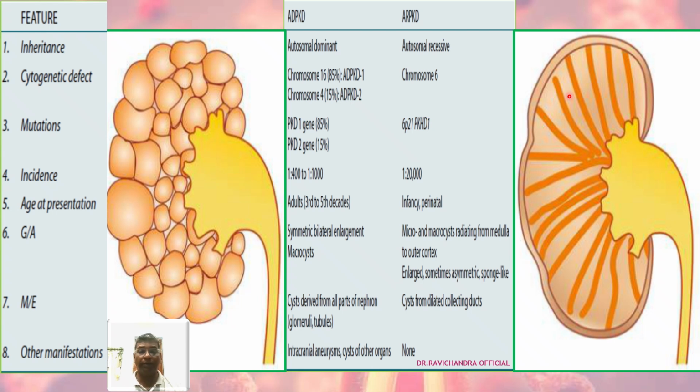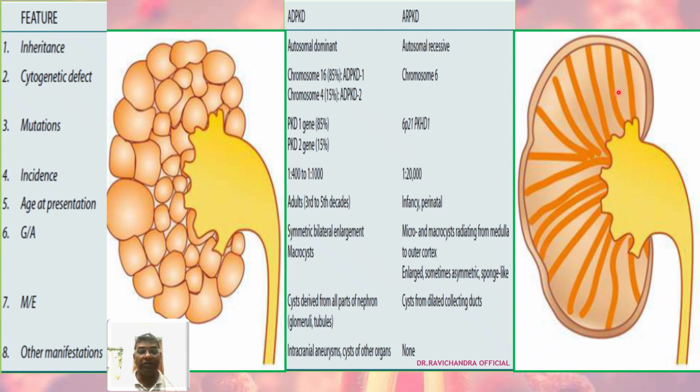Coming to microscopic examination, the cysts are derived from all parts of the nephron. Glomeruli are involved, tubules are involved. Whereas in ARPKD, cysts are from dilated collecting ducts. This is the difference between ADPKD and ARPKD.